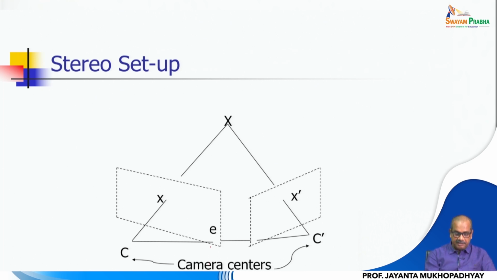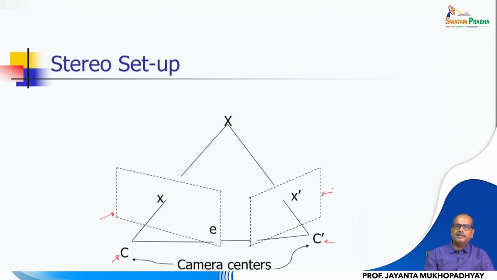Just for convenience, let me denote this camera as the left camera. So, this is the left camera center, and this image plane is the left camera image plane. Sometimes we also call it the left image plane of a stereo setup, and the other one is the right camera, and this is the right camera center, and this is the right image plane.